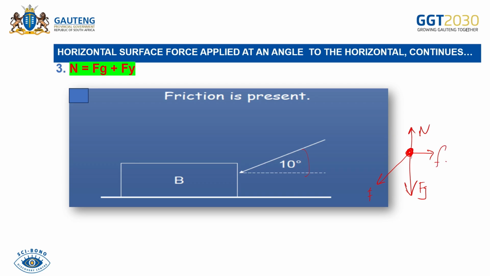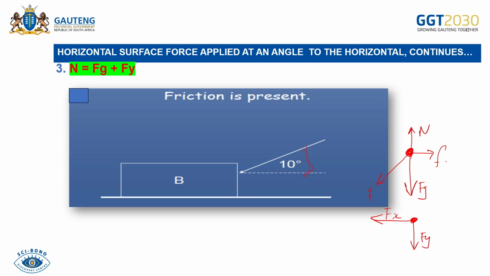So how do we calculate the normal force in this case? You have a force that is applied at an angle. So resolve that force into its components. I'm having Fy, and then I'm having Fx here. Okay? Then the object moves on the horizontal surface. It's not moving up and down, right?